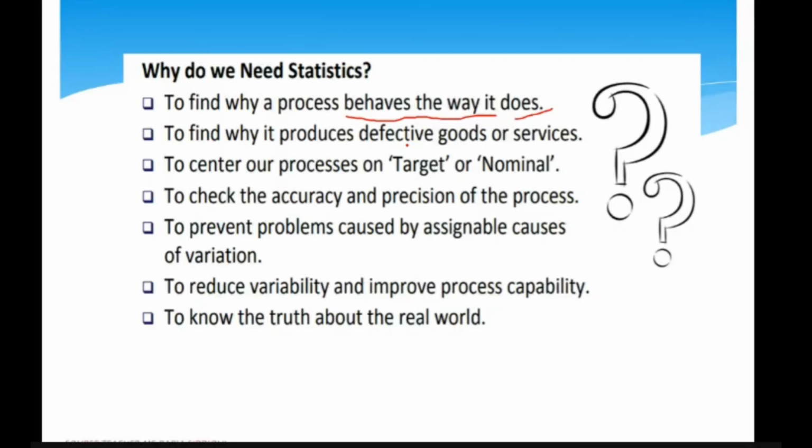But if the case gets worse, that means by the end of the day, once you inspect the parts, the result comes out that only 600 parts are acceptable, 400 are not as per the requirement. Then you need to find the reason why the process became non-conforming. What's the reason why so many products are defective?